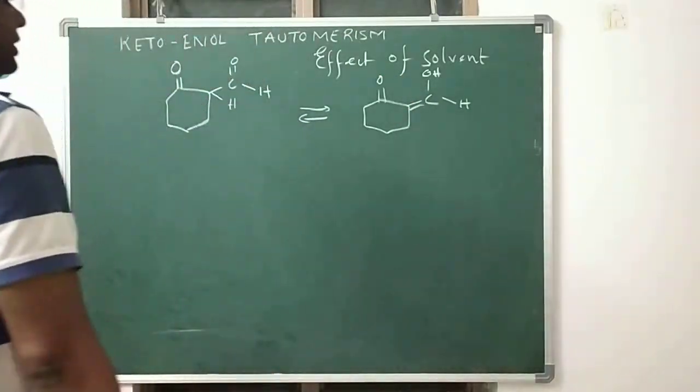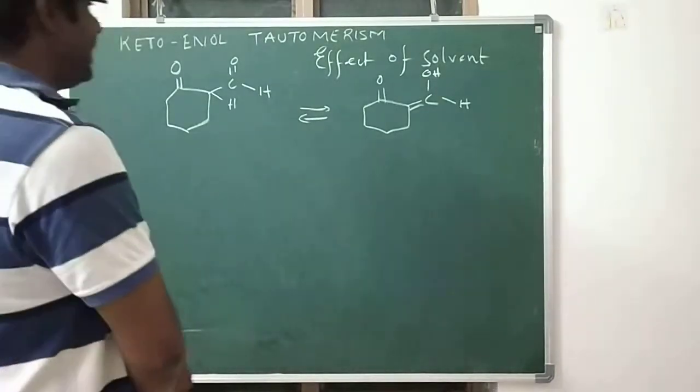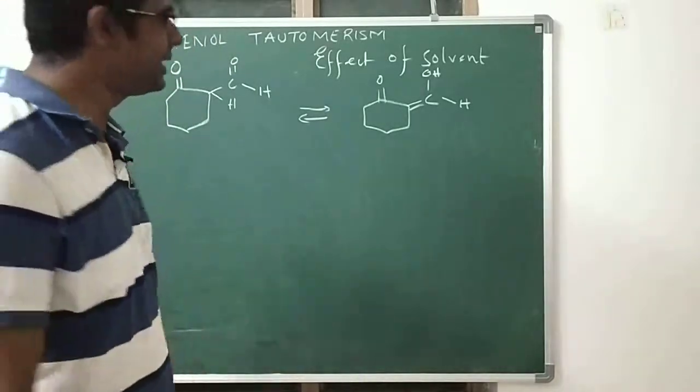This enol form will be this one, right? Now what happens? Which is more stable in CCl4 solution? Which is more stable in CCl4 solution?